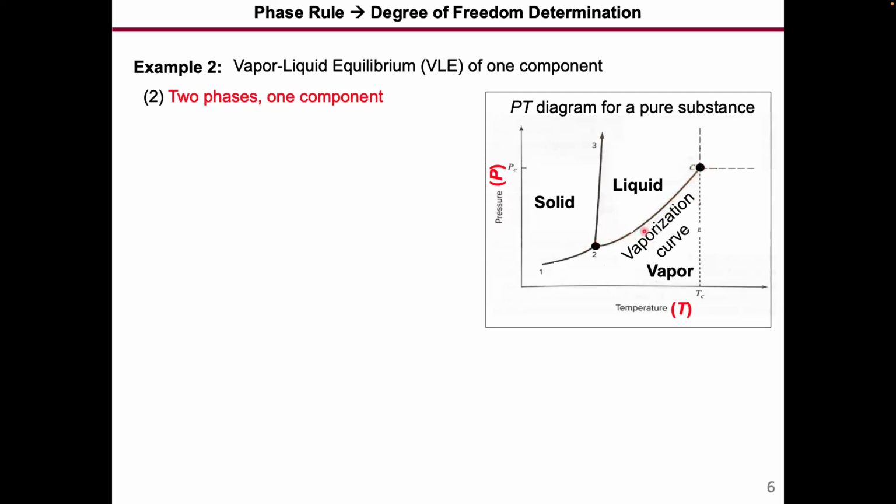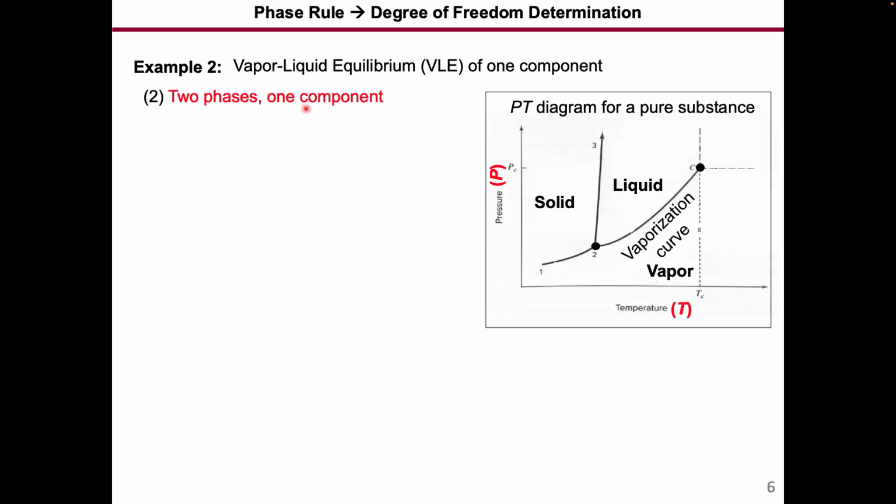But we know it's on this line. Then we want to ask, if we say it's on this vapor liquid equilibrium line, then in addition, how many intensive variables do we need to know to actually define the state or to locate this particular system on this PT diagram?